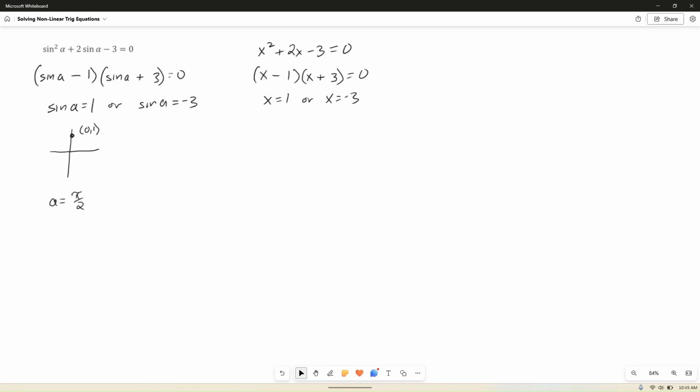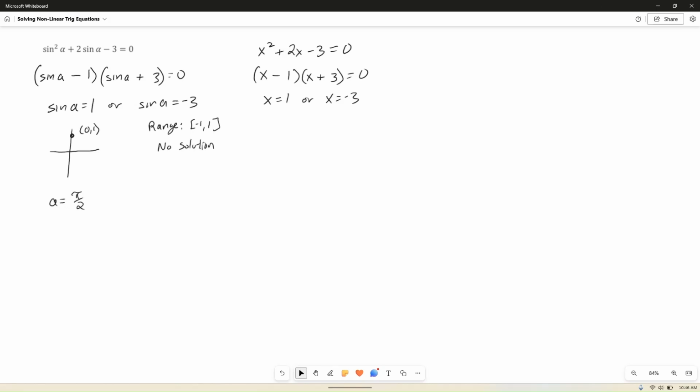And then the other equation is sine of alpha is equal to negative 3. Well, I know the range for sine is negative 1 to 1. It never goes down to a negative 3 or up to a positive 3, right? It's always between negative 1 and 1 because that's the highest and lowest points we ever get on the unit circle. So it turns out that sine of alpha equals negative 3 has no solution.